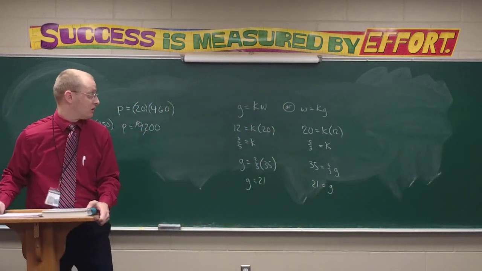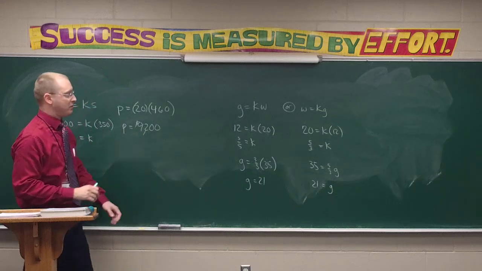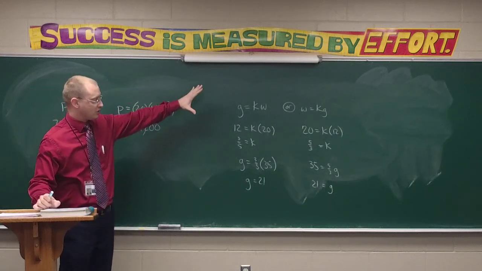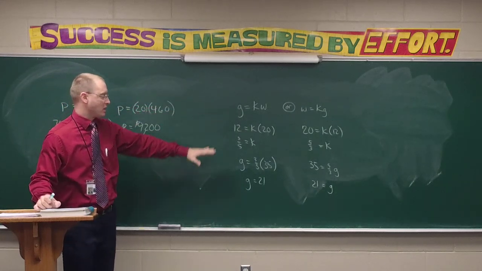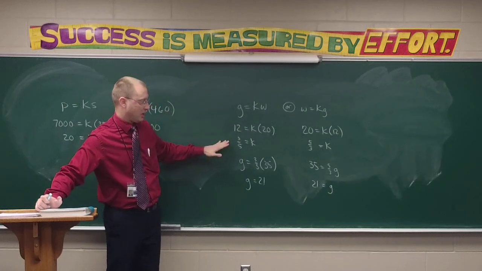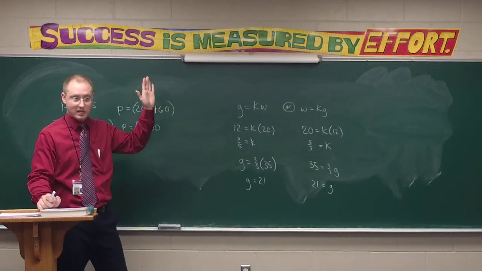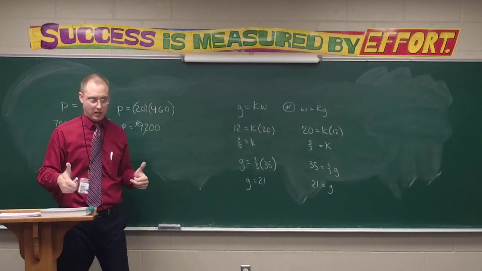Either way works, just whichever one you happen to pick. How many had one of these process all the way through? You either had this or that, your K was correct depending on what you started with, you ended with 21 gallons needed. Do we feel like we got direct variation now?